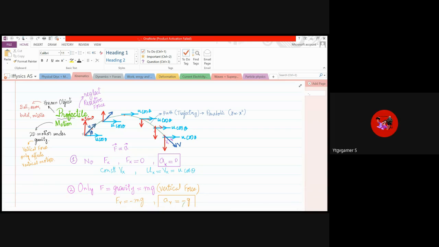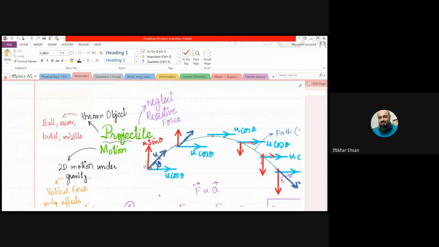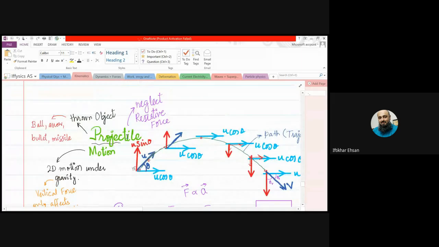Yes. So today we are going to discuss projectile motion. First of all, what do you mean by a projectile? Projectile means any thrown object, any object which is thrown. Like we can throw a ball, right?